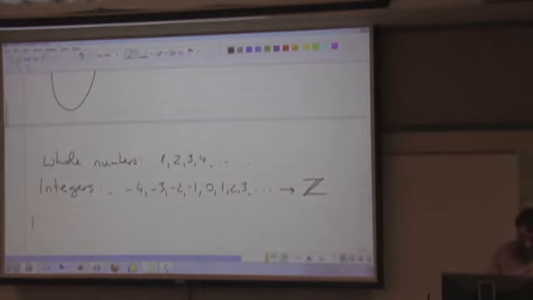Next, rationals. Anything that you can write as a fraction.